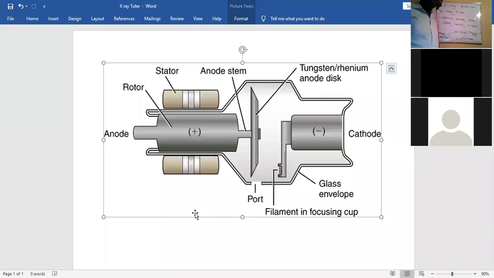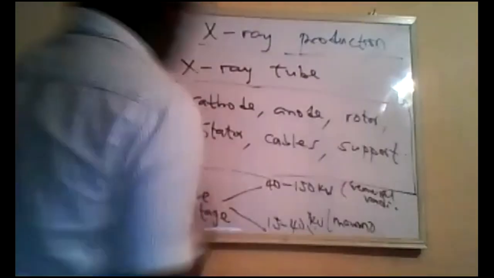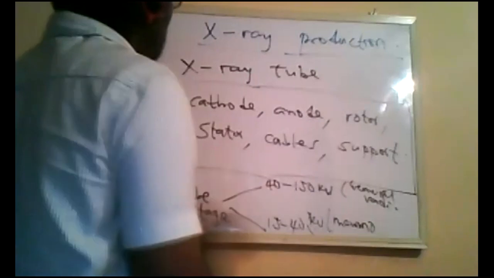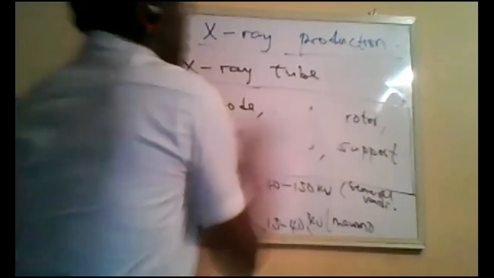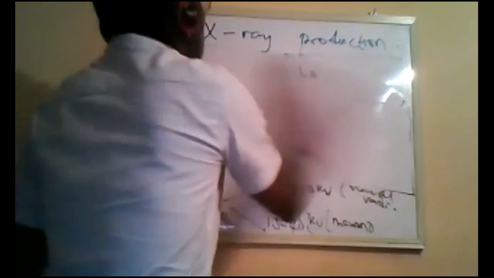Now we'll go to the cathode. That's our anode, we've done that. Let's go to the cathode.